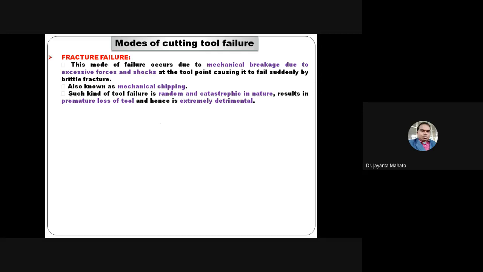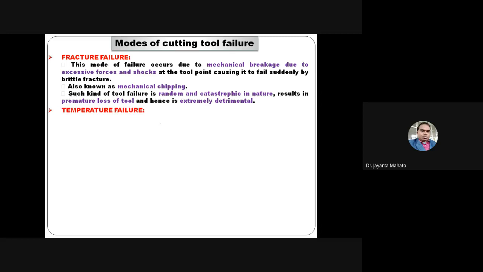In this case, the operator does not get any information beforehand that the tool is failing. It results in premature loss of tools, and hence is extremely detrimental. So this type of failure is extremely detrimental.